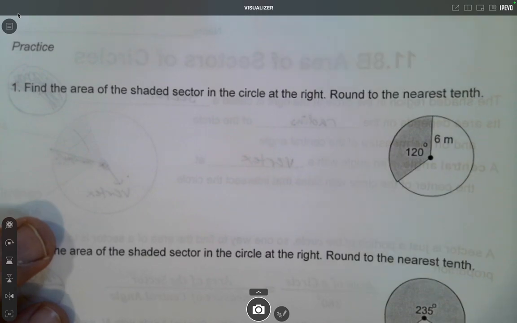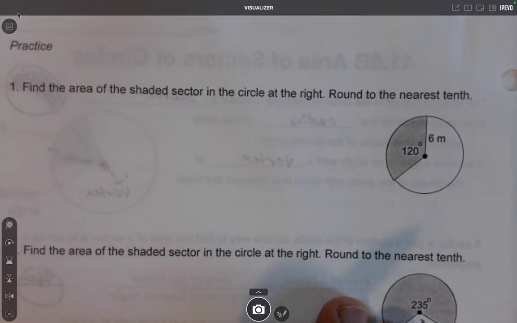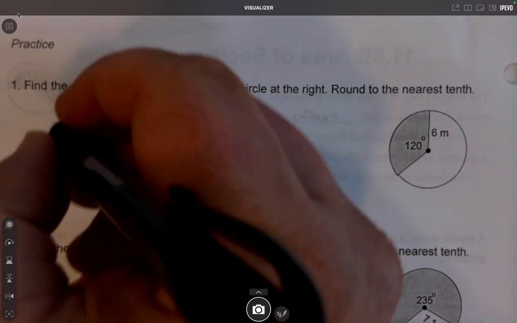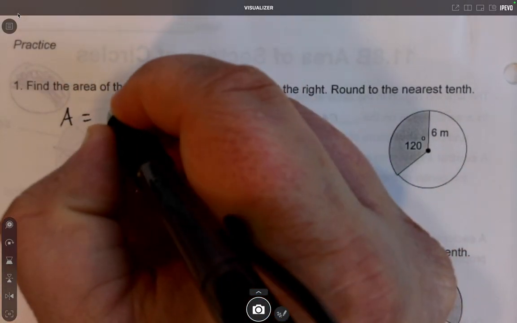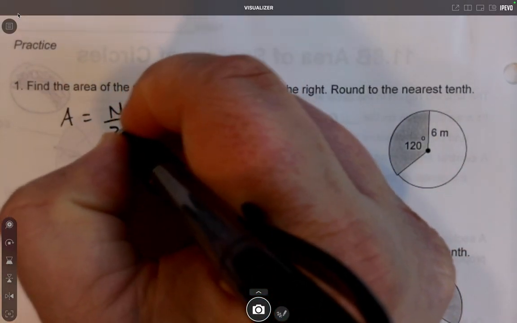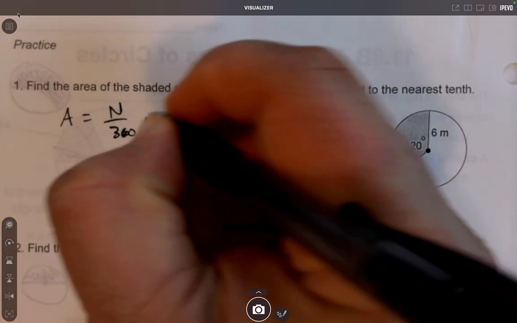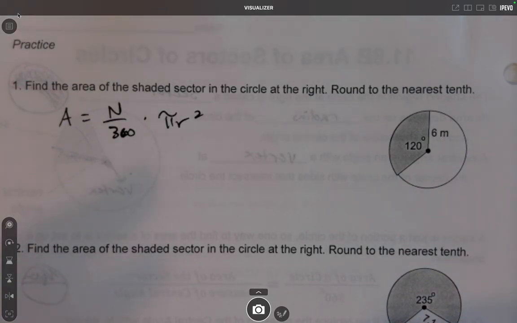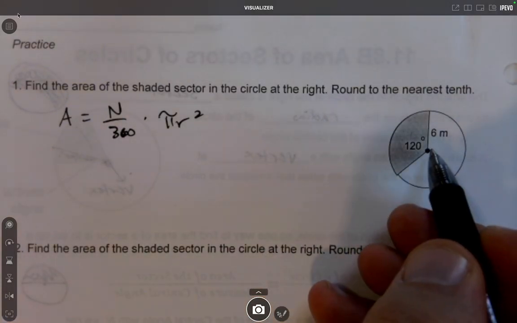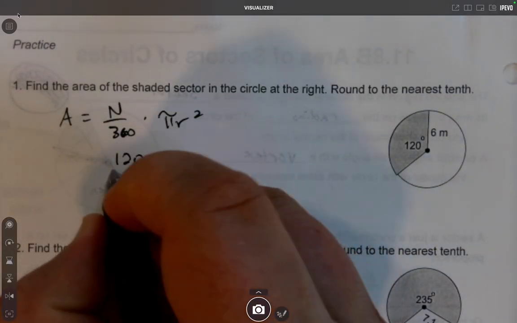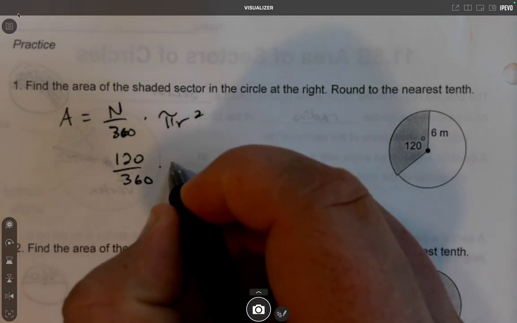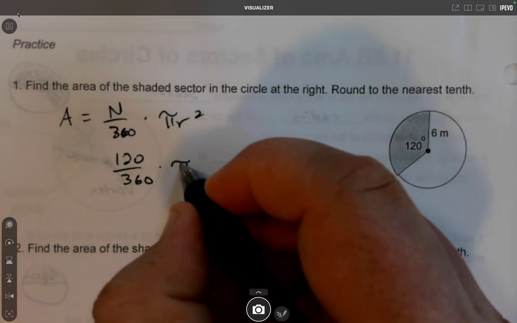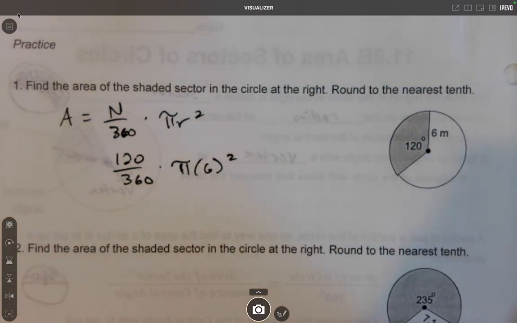So I've just got 3 examples for us to do here. So find the area of the shaded sector in the circle at the right. Round to the nearest tenth. So we use the new formula we just did, which is n over 360 times pi r squared. So the two pieces we need to add in are the n, the measure of the central angle, which is 120, and the radius, which in this case is 6.